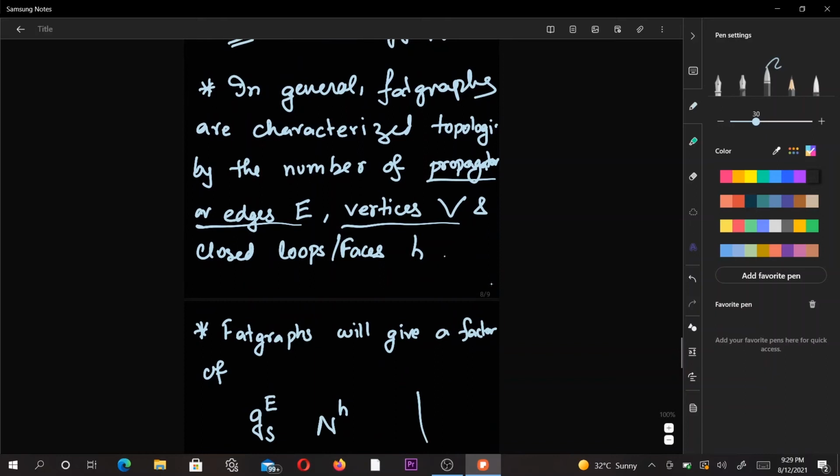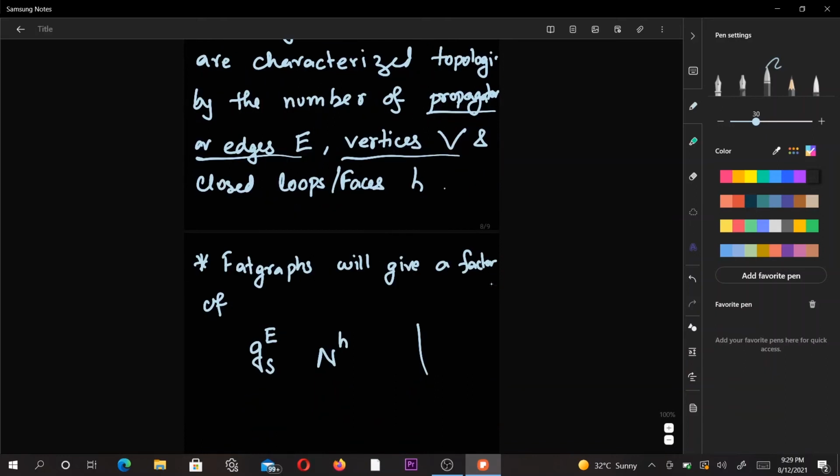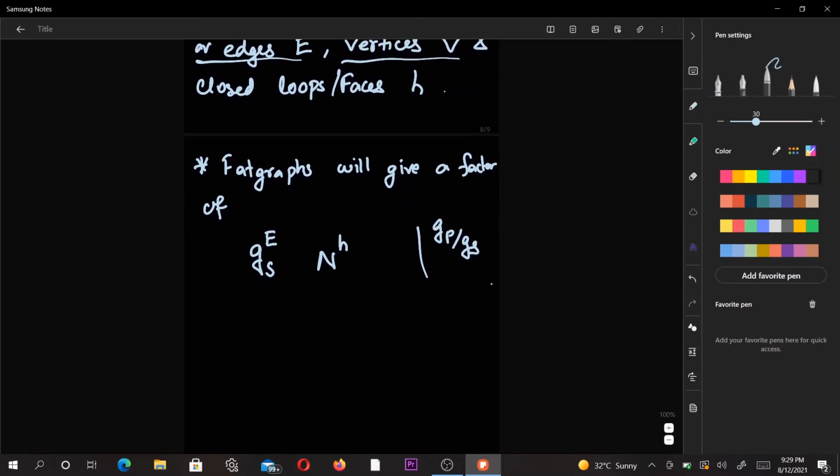And each vertex, if you remember, our vertices were something like g_P by g_s. So each vertex will give me g_P to the V and g_s to the V, right?